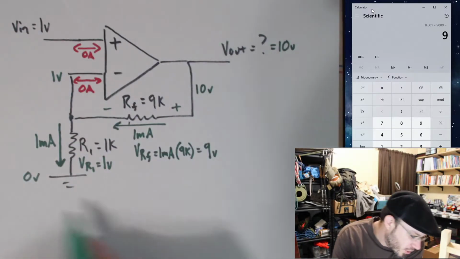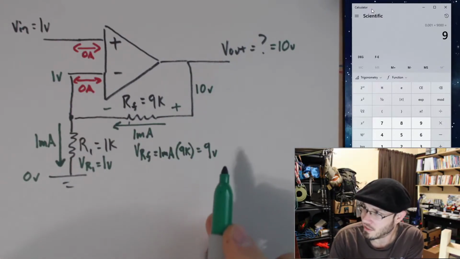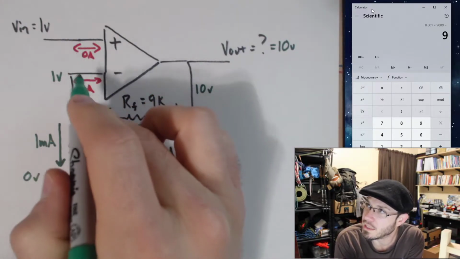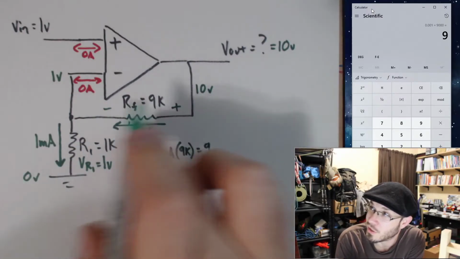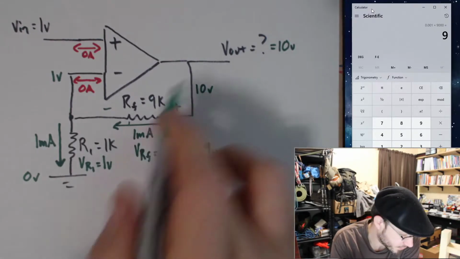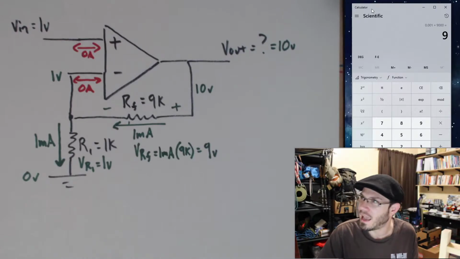So that's generally how you analyze these circuits. You use rule number 2 to tell you what the voltage on these pins are, and then you go ahead and follow the circuitry to get back at what V out is. Okay, so that's the non-inverting amplifier.